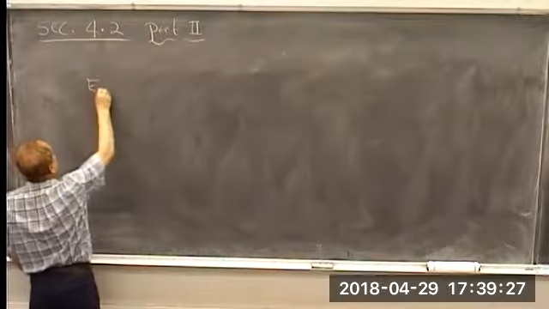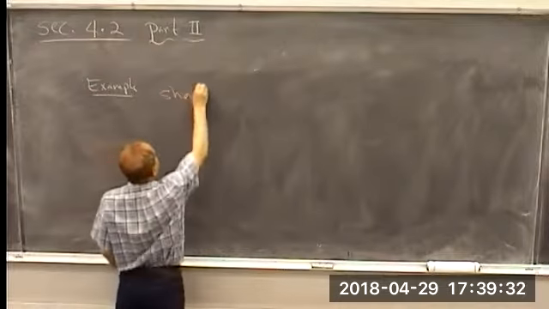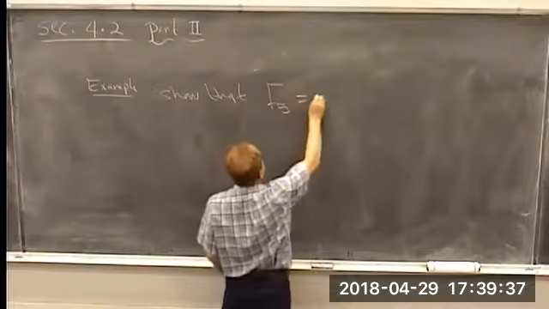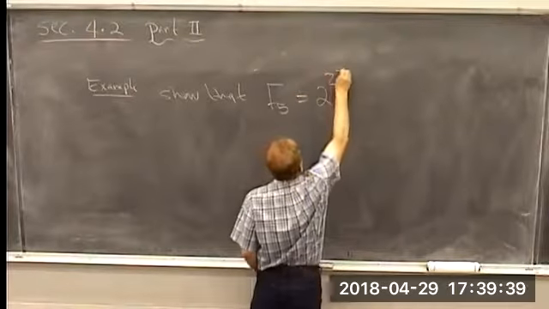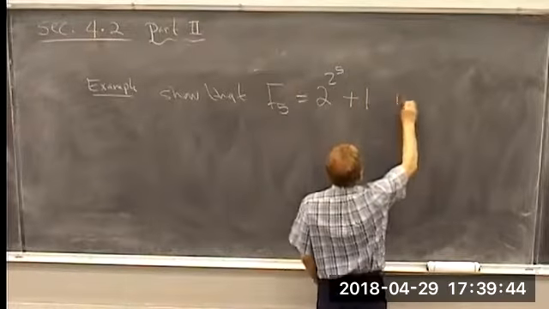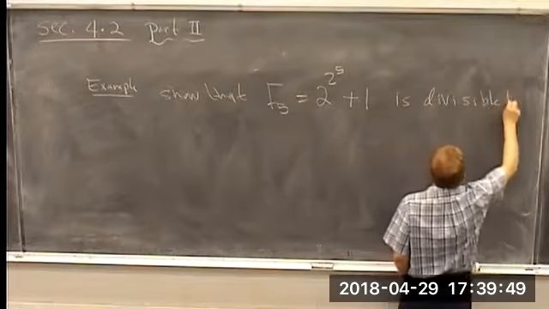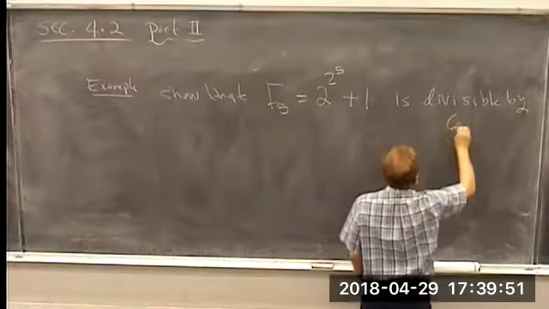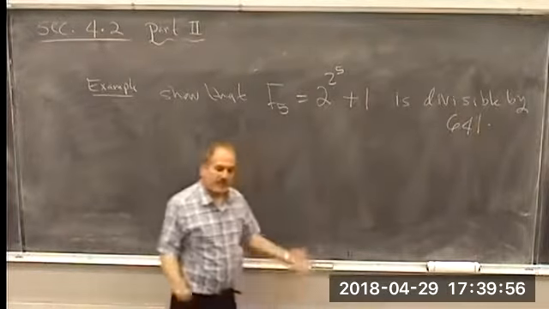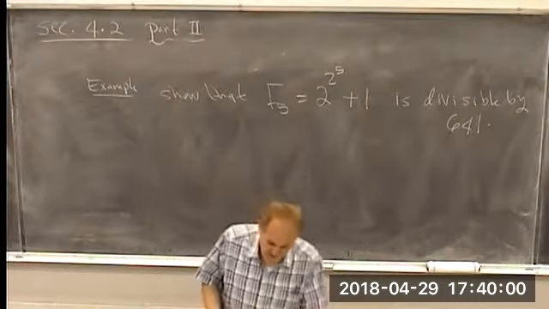So another example: show that F5, which is equal to 2 to the 5, plus 1, is divisible by 641. It means when we divide it by this number, it's going to leave zero remainder. That's really what it is. So it is very, very simple.